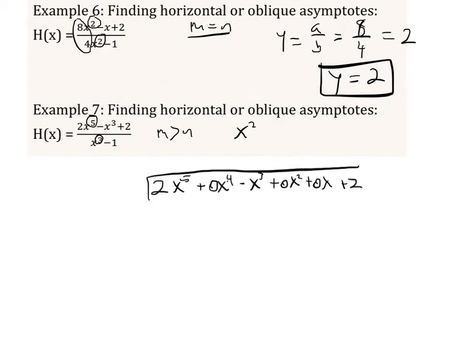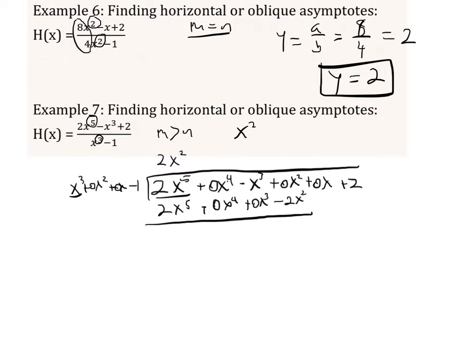Okay, then we got x cubed plus 0x squared plus 0x minus 1. Alright, so 2x to the 5th divided by x cubed is 2x squared. When we multiply through, we get 2x to the 5th plus 0x to the 4th plus 0x cubed minus 2x squared. And all I did was distribute this to here, here, here, and here.